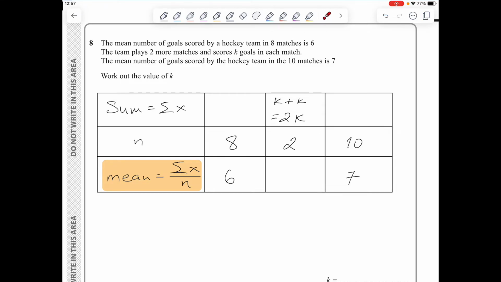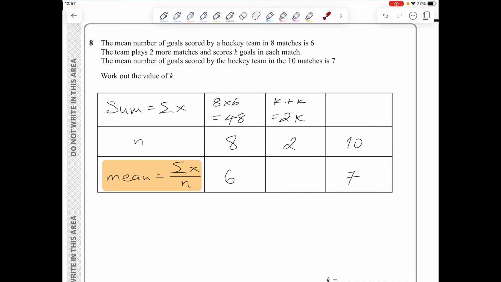Now the total number of goals scored for the first 8 games is 8 times 6, which is 48. And now I'm going to create an equation based on this rectangle. I can find the value of this rectangle either by adding those 2 values or by multiplying those 2 numbers.